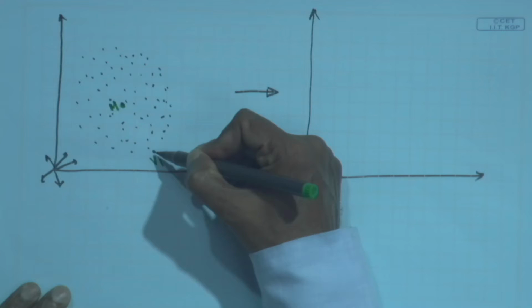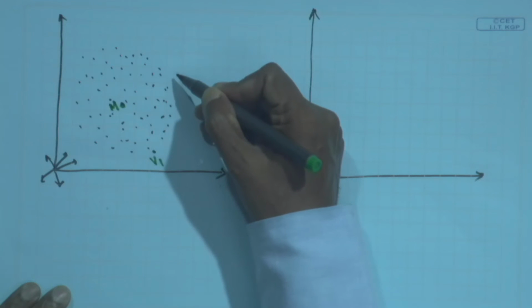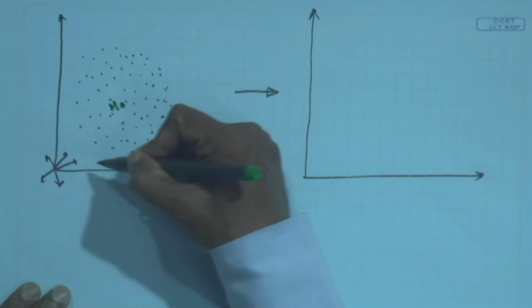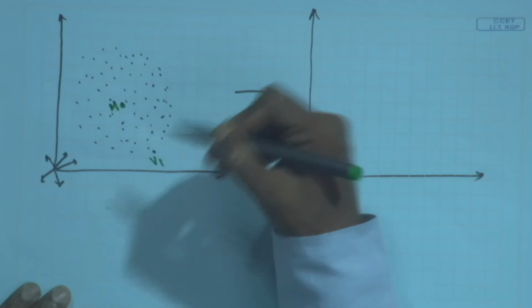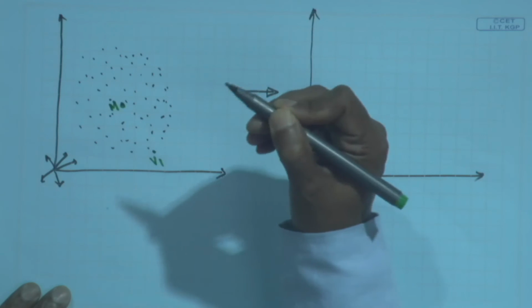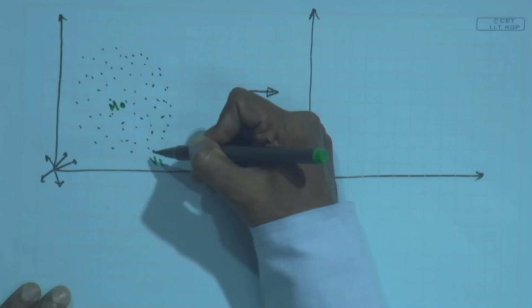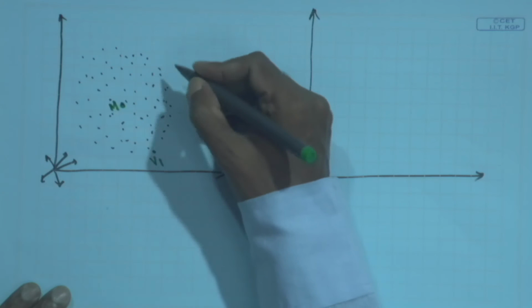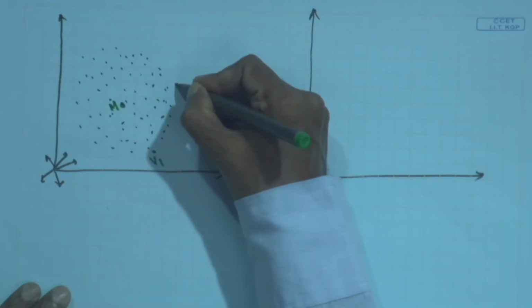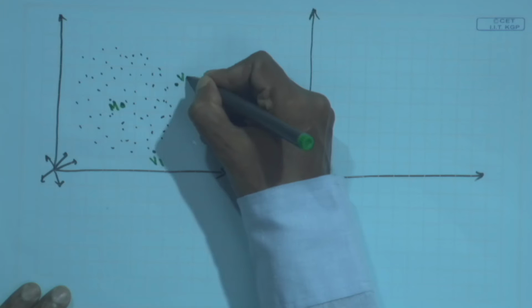From this V1, I try to find the Euclidean distance of all N minus 1 data points, and once again we find the point for which we get the maximum Euclidean distance from V1. Supposing that point is V2, V2 is nothing but the second pivot point.